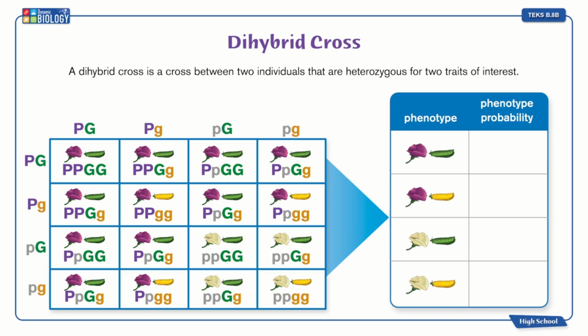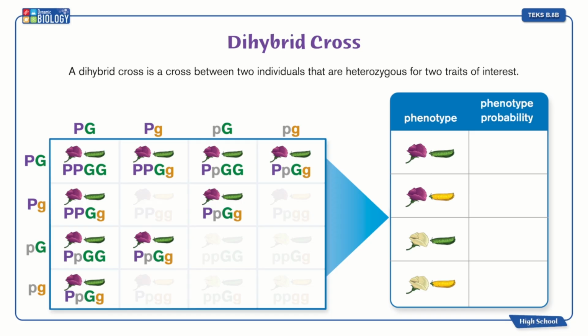Let's start with the phenotype purple flowers with green pods. How many allele combinations produce this phenotype? 9. So, in this dihybrid cross, there is a 9 out of 16 chance, or about a 56% chance, that an offspring will have purple flowers with green pods.